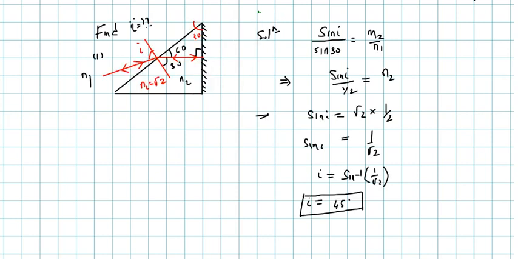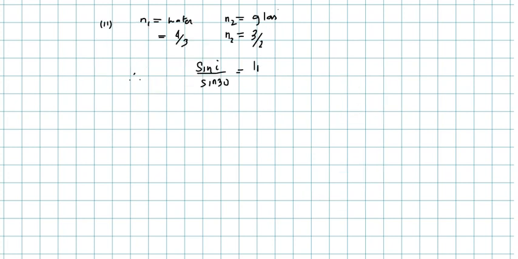So the relative refractive index, that means 1 going into 2, we write like this, 1 n2, which is n2 by n1. So n2 would be 3 by 2 and n1 will be 4 by 3. That gives me 9 by 8.